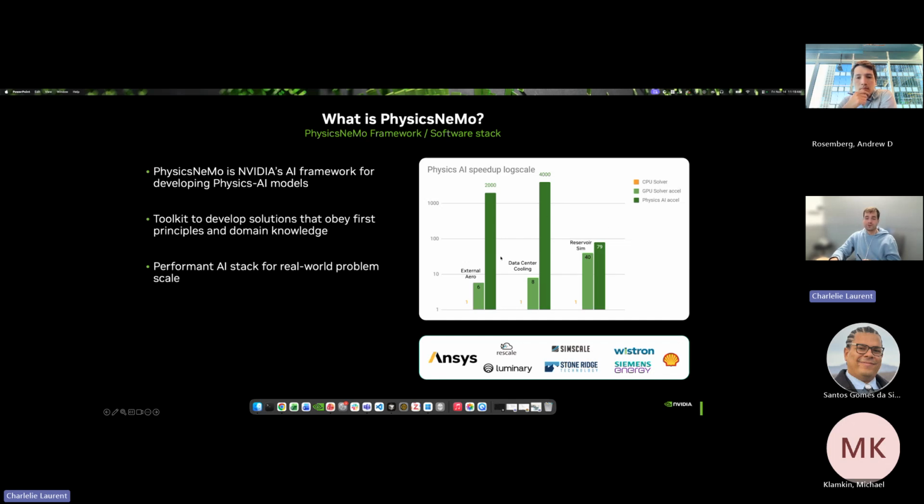And the dark green is when you replace this with an AI surrogate, and we see that this is not just an order of magnitude faster. It's 3 orders of magnitude faster than just porting to GPU. It doesn't mean it will be accurate, but it's much faster. And it's not a small improvement.